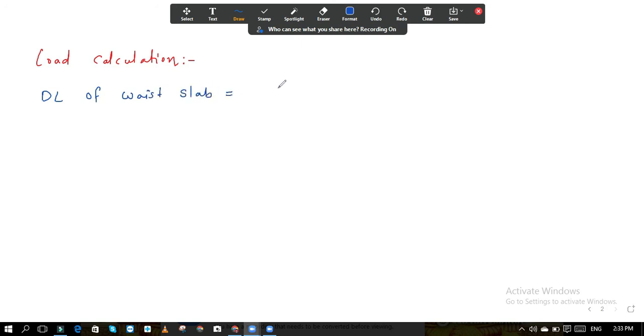What is the formula for this? The formula will be D into 25 into under root r square plus t square divided by t. This term is for that angle theta, sec theta, because this is the inclined slab.